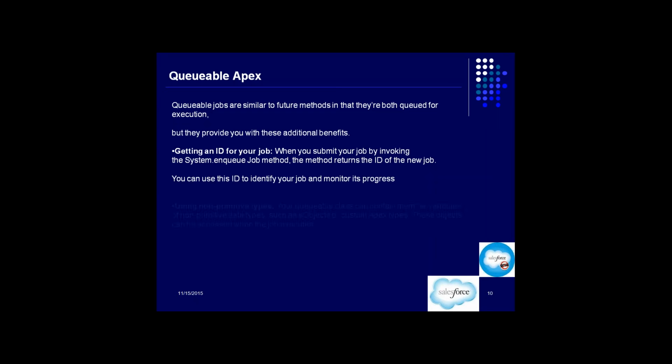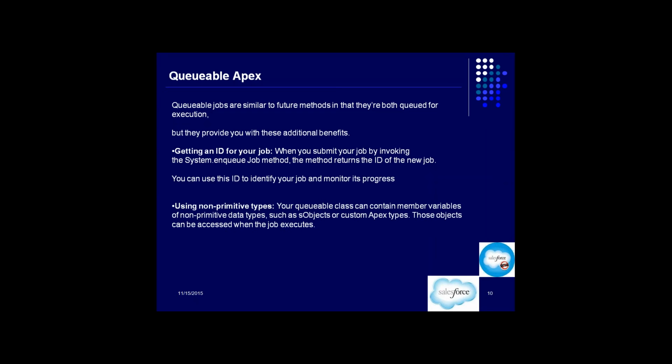Second, you can use non-primitive data types, which means you can use SObjects as data types too. Because Queueable Apex is not a method, it's a class, it can contain member variables of non-primitive data types. When I define variables inside the class, I can define them of any type, including SObject type.